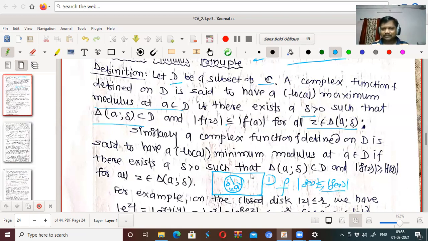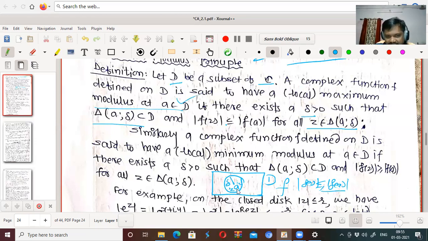In simple terms, the modulus value of f at z equal to a is larger than or equal to, meaning not less than, the modulus value of f at all other points in this disk. Then we say that f has a local maximum at a belonging to D.